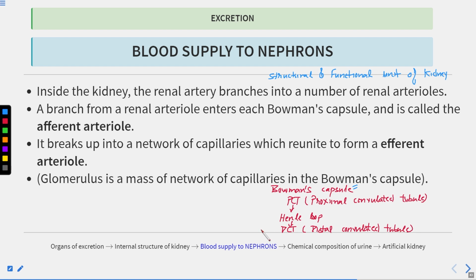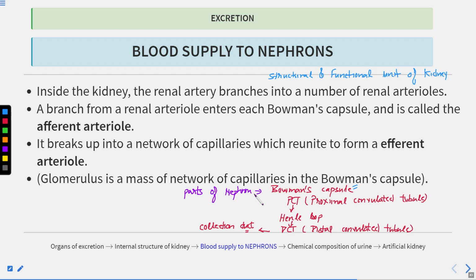Then the distal convoluted tubule leads into the collection duct, where all the urine is collected. So these are the parts of the nephron. We have already discussed this in detail in our previous lectures.